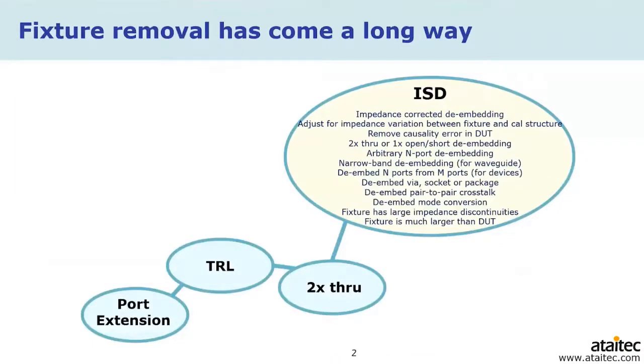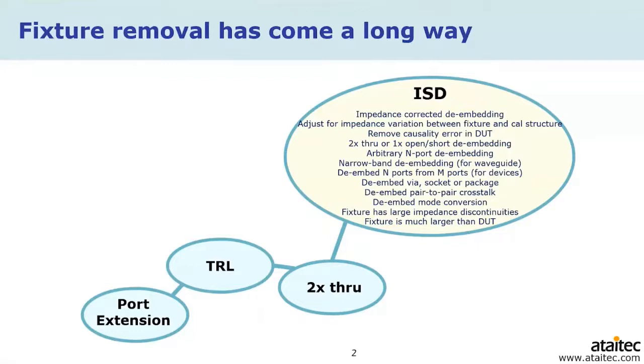Now, let me start by saying fixture removal has come a long way. Not too long ago, people have been using port extension followed by TRL and 2x through de-embedding. About 8-9 years ago, we first introduced In-Situ De-embedding, or ISD.